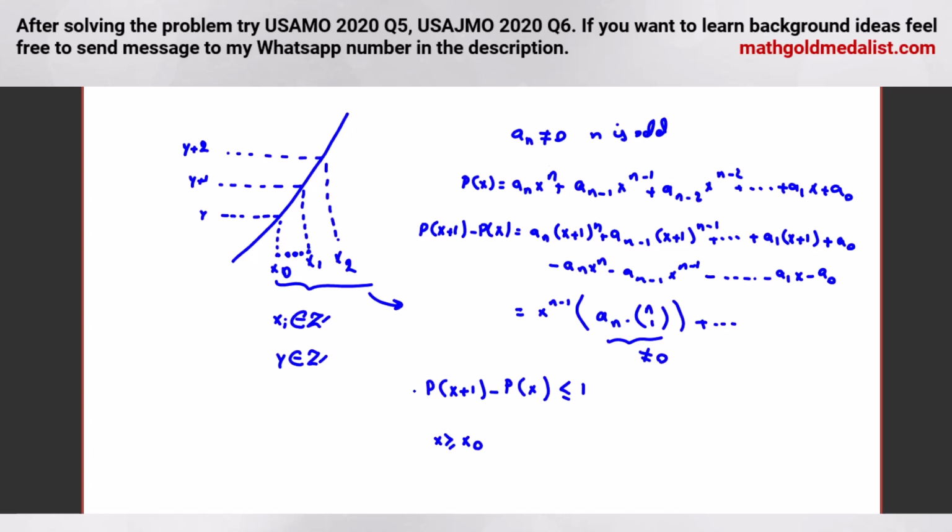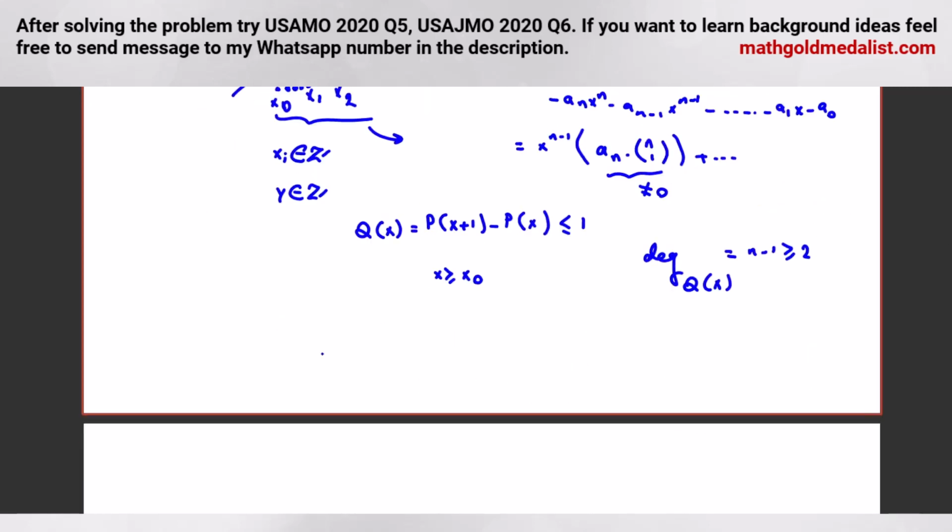So suppose it is a polynomial, right? Degree of q x is what? Degree of q x is n minus 1. This is at least what? At least 2. Because we can say n at least 3, right? Because we've checked n equals 1, right? Now, do you agree? So here we've concluded what?